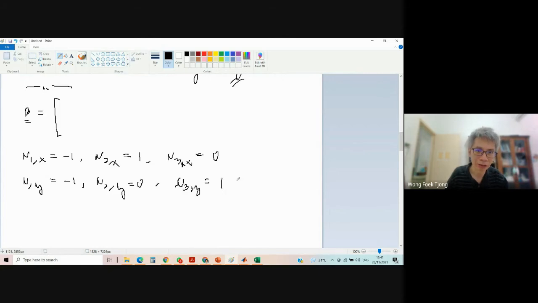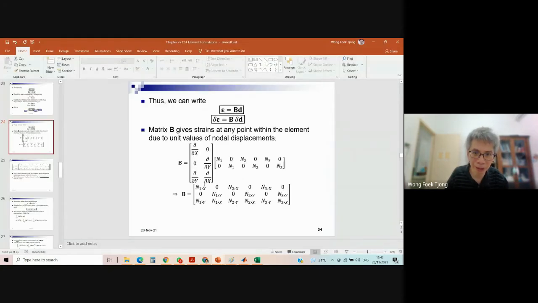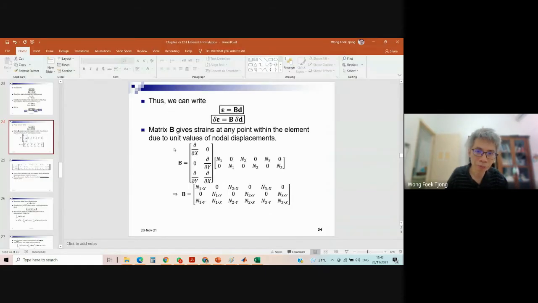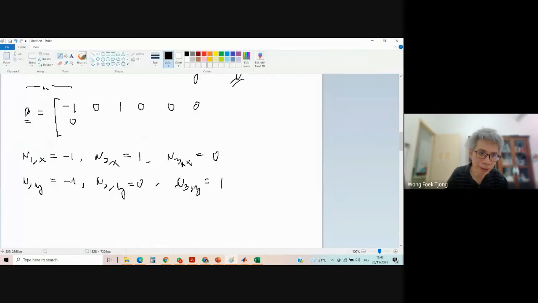Okay, good. So the B matrix is, partial derivative to x only, it means minus 1, 0, 1, 0, 0, 0 from here, right? And then 0, partial to y is this one, minus 1, then 0.